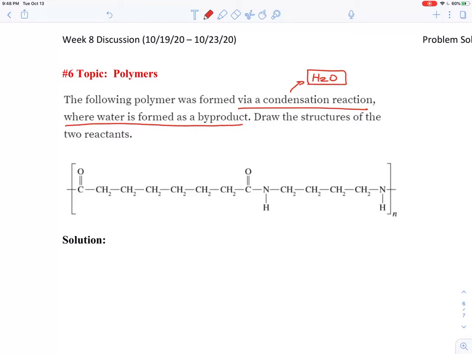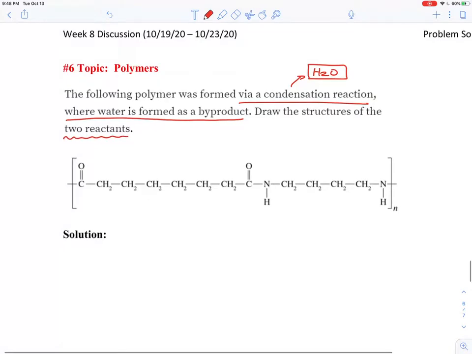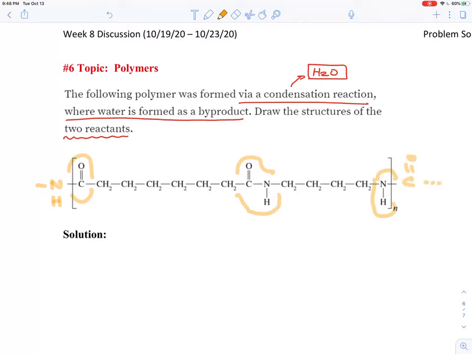And draw the two reactants. So what are the two reactants? Now I want to use a lighter color. This is a chemical functional group, an amide, and it is going to be repeated here. You can imagine that you can write these bonds like that, repeated like this.